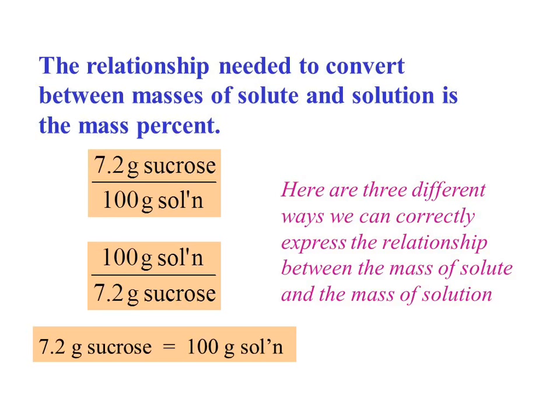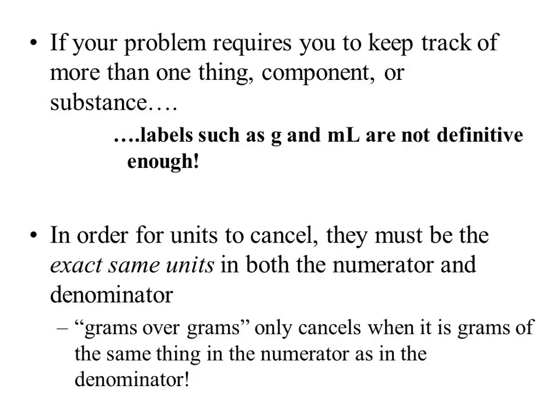This is a note that, especially working this sort of problem, you have to be explicit, which means really clear. You have to explicitly say grams of what and grams of what, because you have two grams in weight percent.